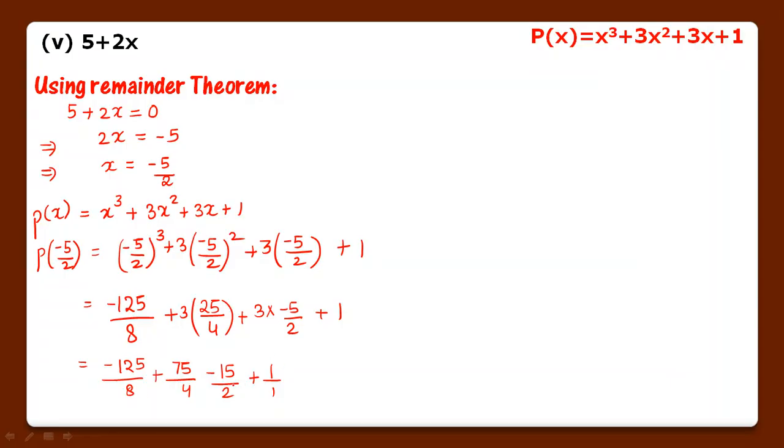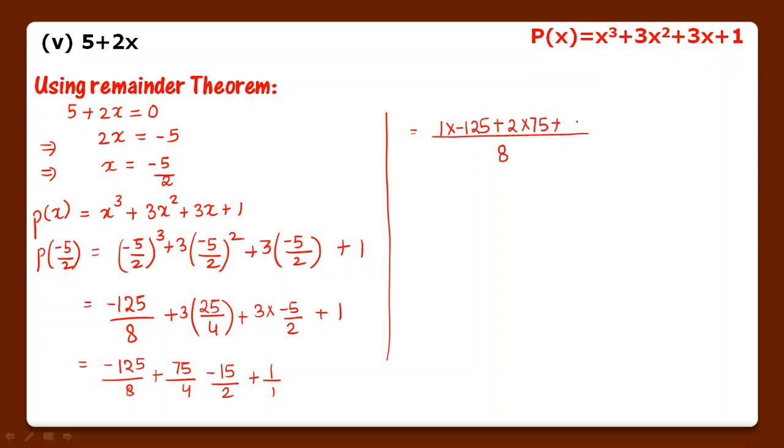Since the denominators in each case are different, we will take the LCM. We have already taken the LCM of 8, 4, 2 and 1 in the previous part. What did we get as the LCM? 8. So we can continue with the LCM here, which is 8. 8 के टेबल में 8 कब आता है? 1s into, we'll write numerator as it is in this way. Plus 4 के टेबल में 8, 2s into 75.